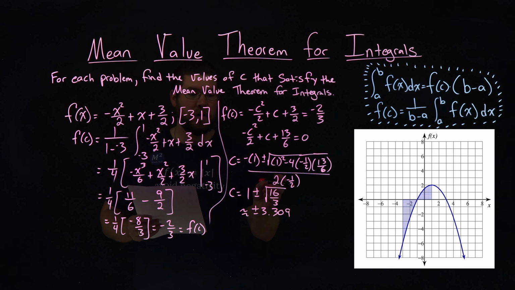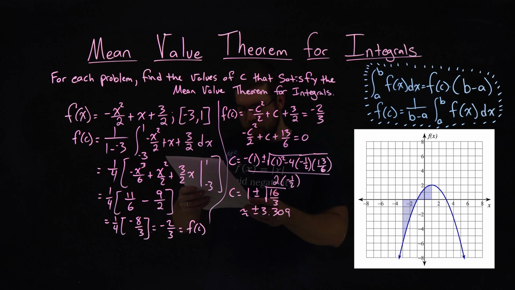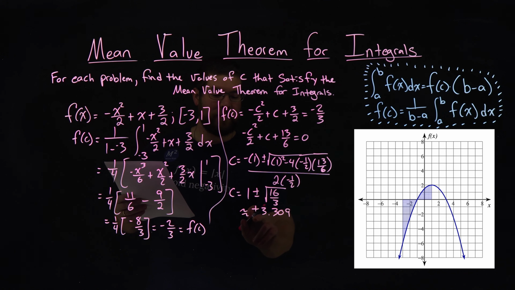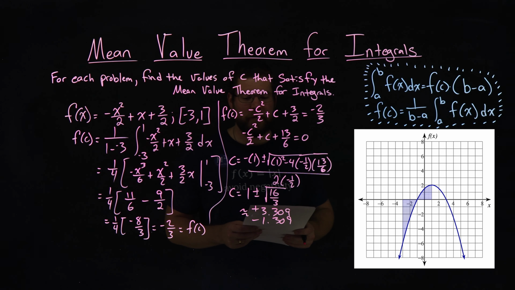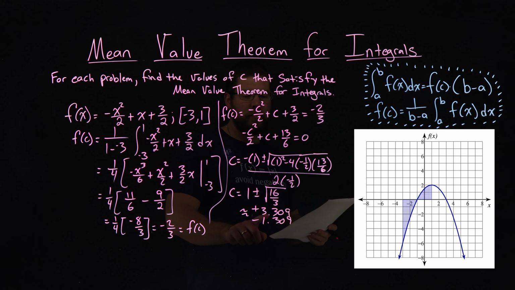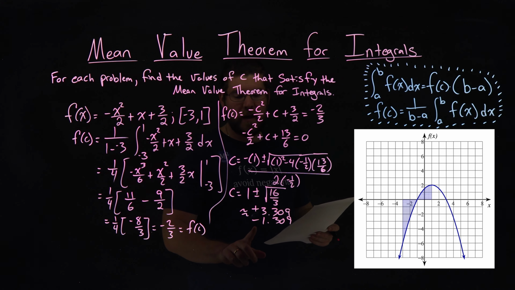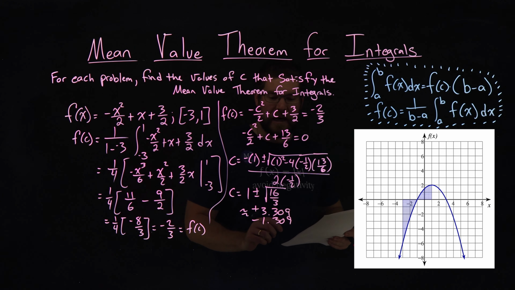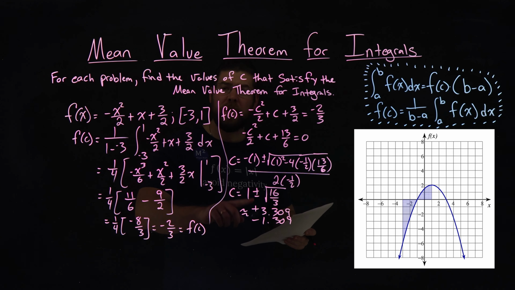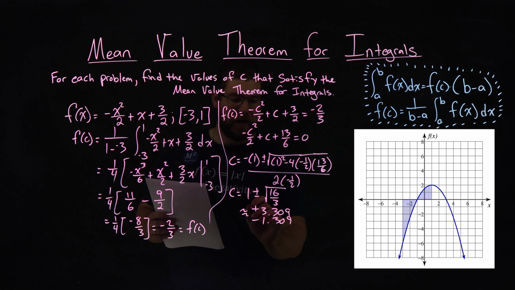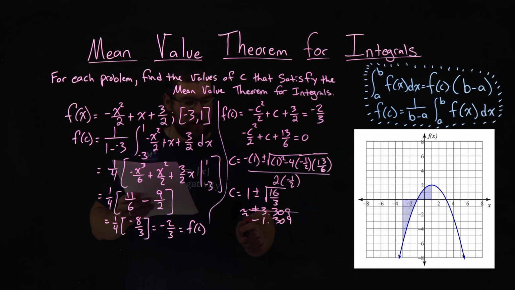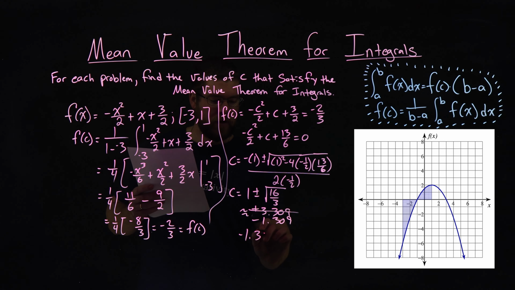So I got approximately positive 3.309 and approximately negative 1.309 there. The positive 3.309 is outside the interval, the negative 1.309 is inside the interval, so I ignore the positive one, and so my final answer here is approximately negative 1.309.